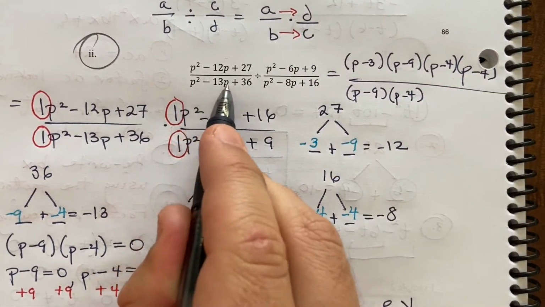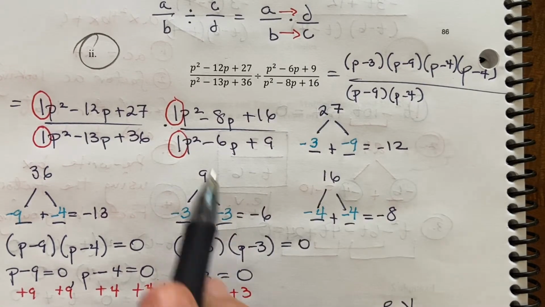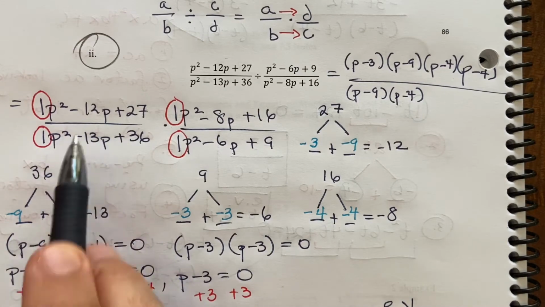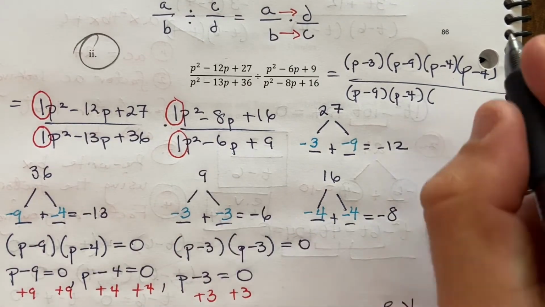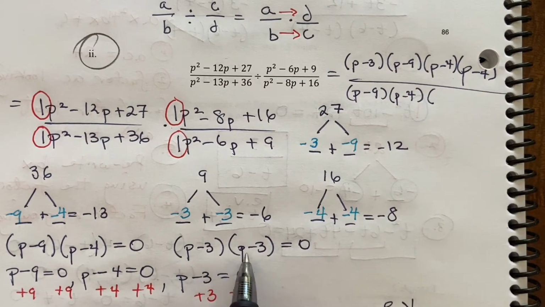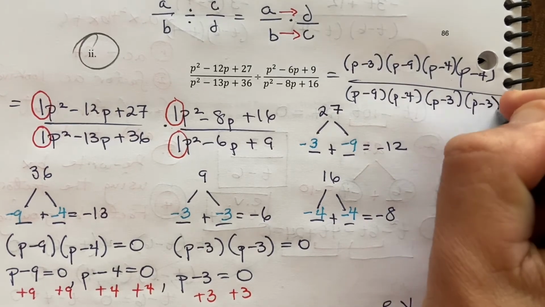That's what this thing was factored. And then this thing factored is coming from here. So p minus 3 times p minus 3.